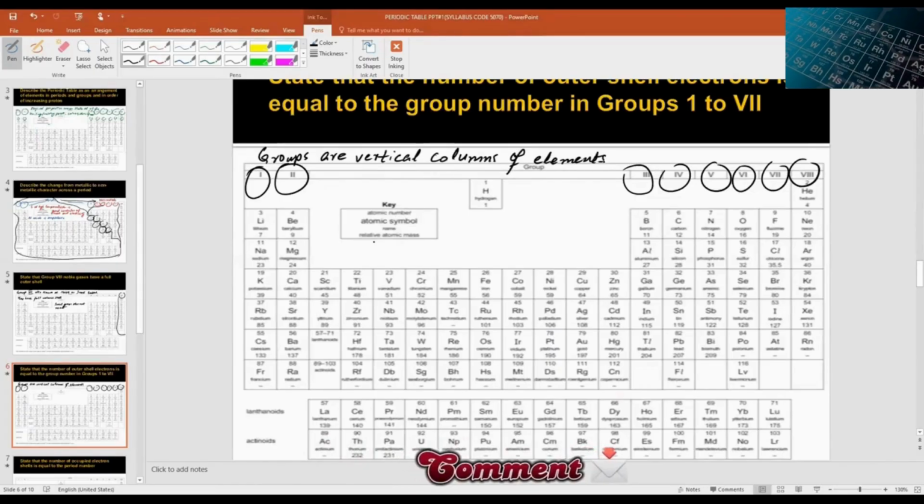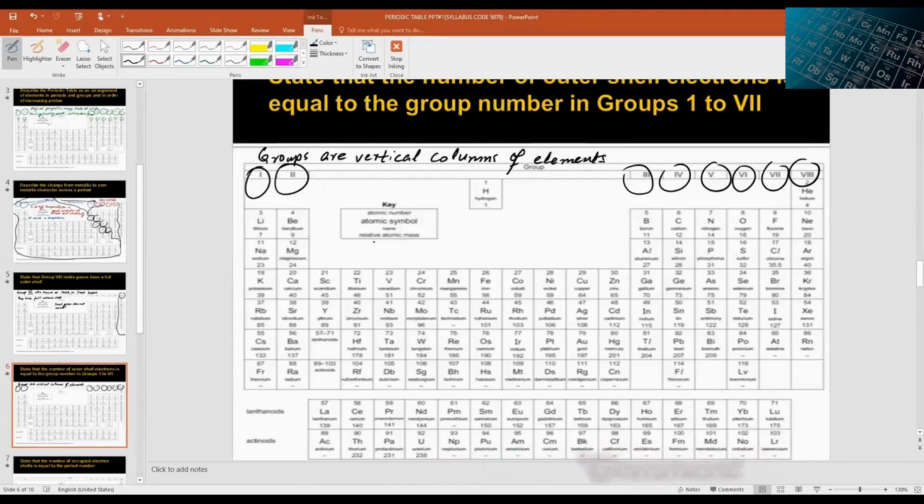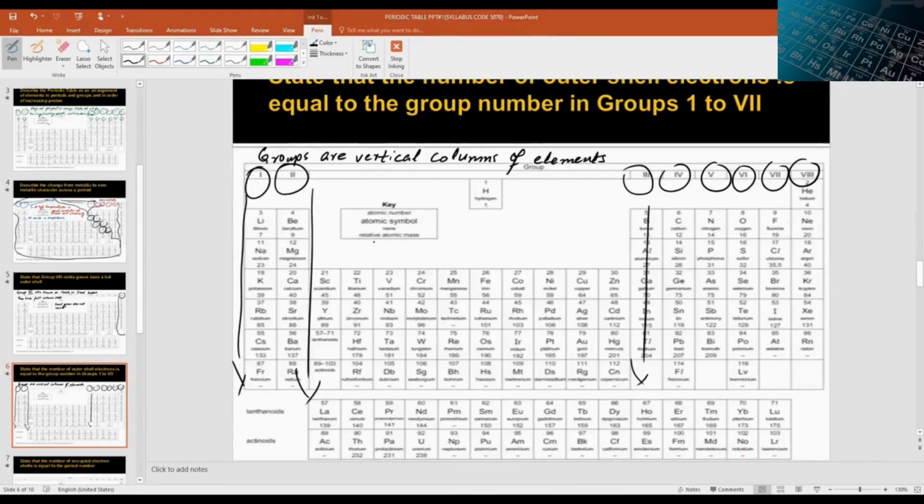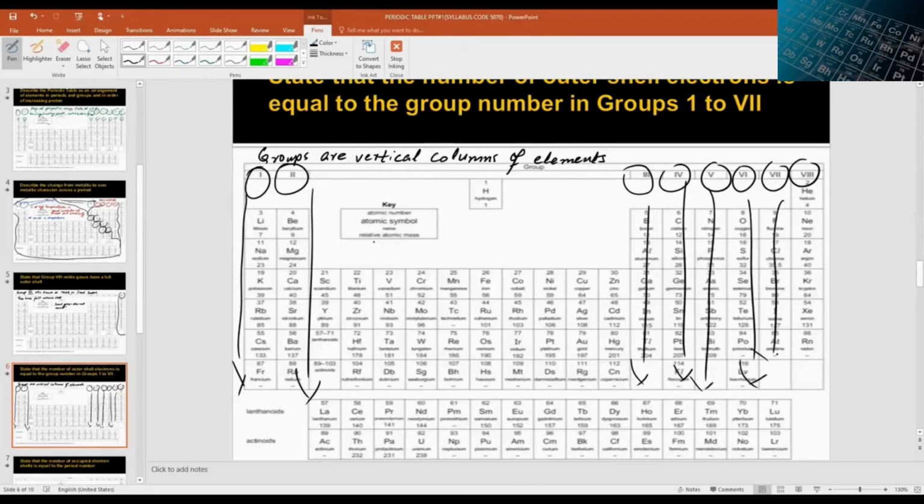The group number tells us the valence electrons. And elements present within the same group have the same number of valence electrons. This is a vertical column, group number 1, 2, 3, 4, 5, 6, 7, 8.